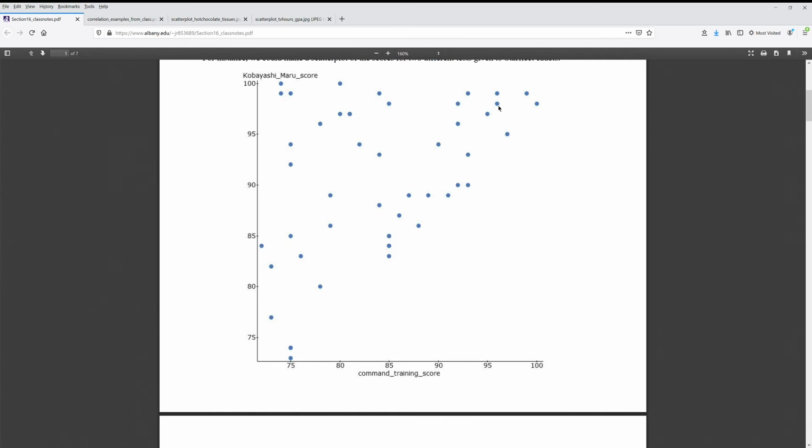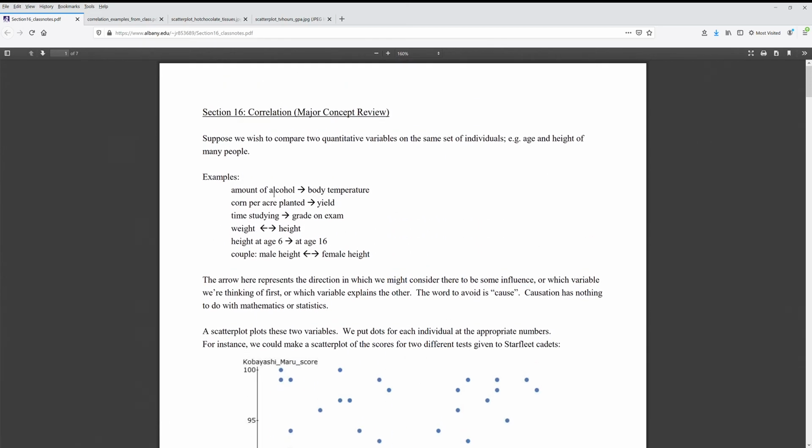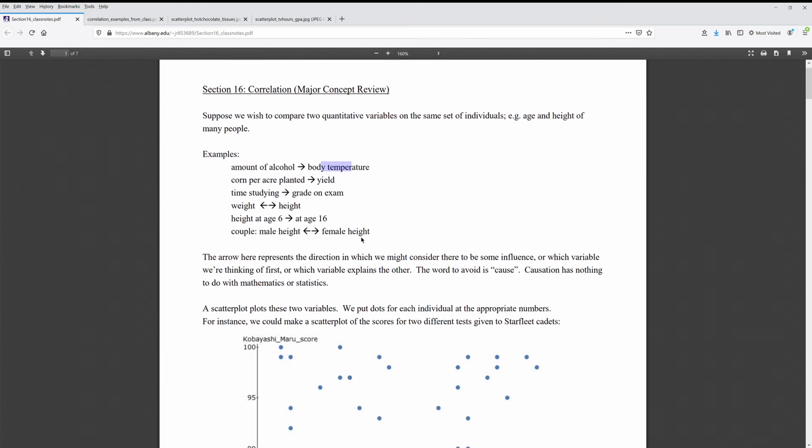Negative association would be the opposite tendency: individuals who get very high scores in one variable get very low scores in the other variable. For instance, maybe it's the case that alcohol lowers body temperature, for the sake of argument, so that higher amounts of alcohol give you lower body temperature. In most of these other examples, we're probably looking at positive association.